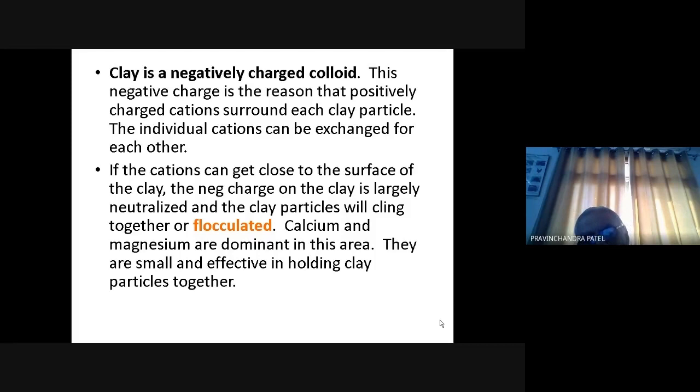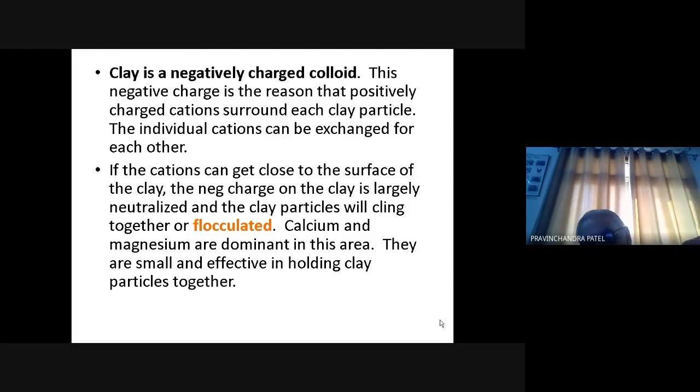When there is a dominance of sodium, there will be deflocculation, meaning your soil particles are separated, which is called dispersion. So your physical properties have been changed, destroyed, and there will be a hard pan on the soil surface.